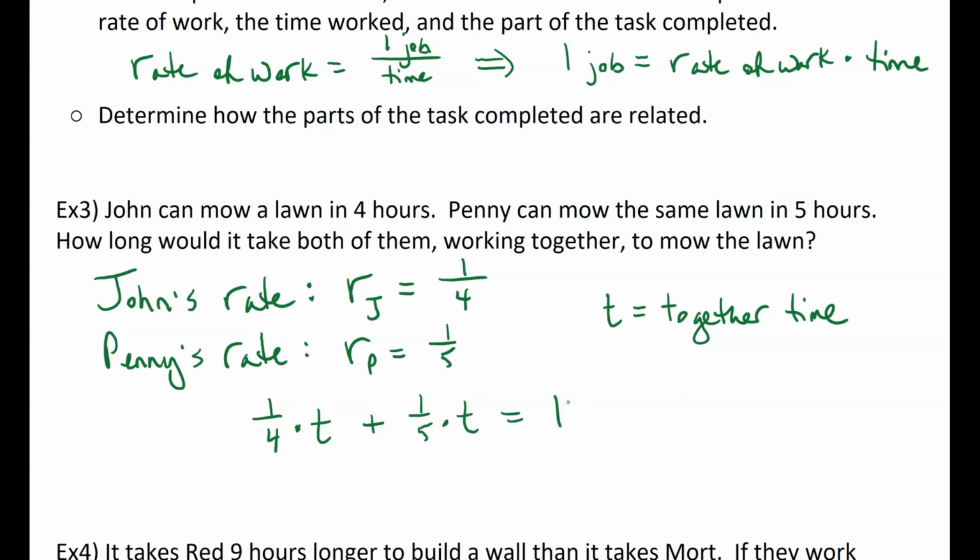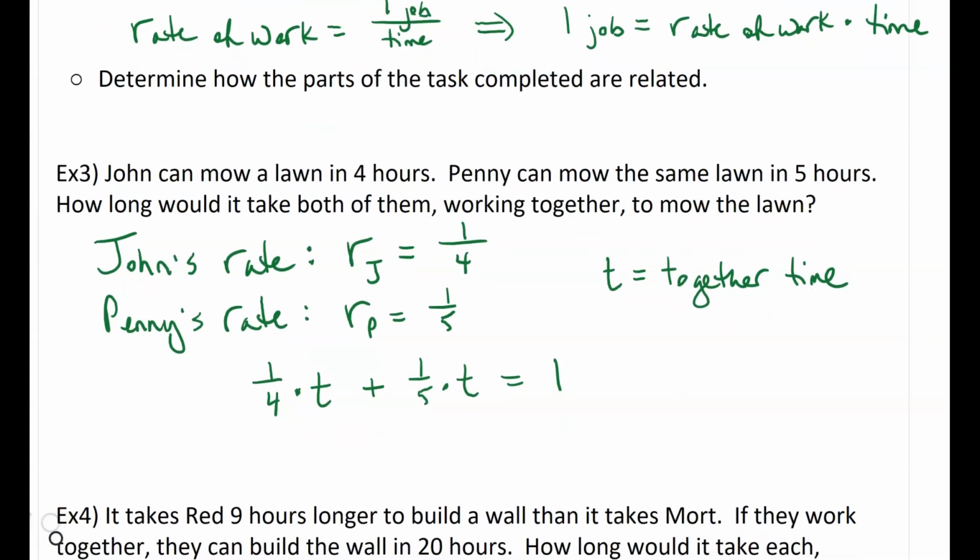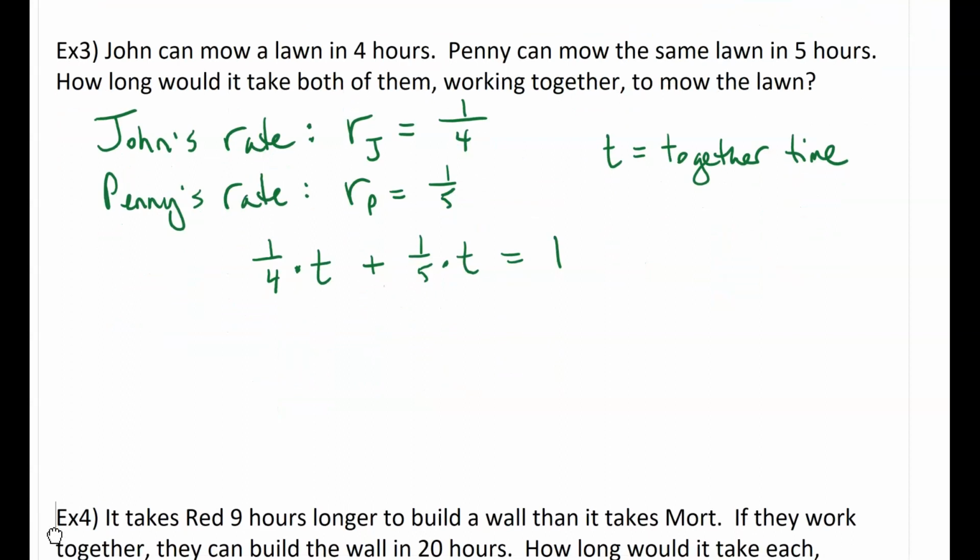One job. So if we clean this up a little bit, 1 over 4 times t is the same as t over 4, and 1 over 5 times t is the same as t over 5, equal to 1.